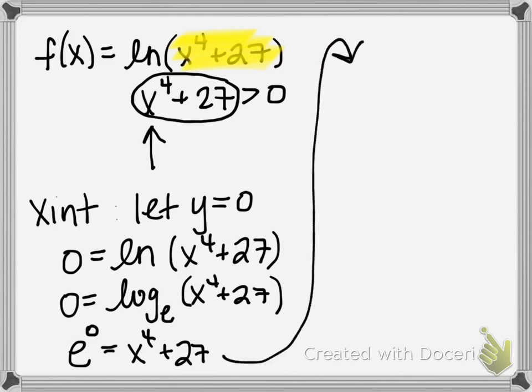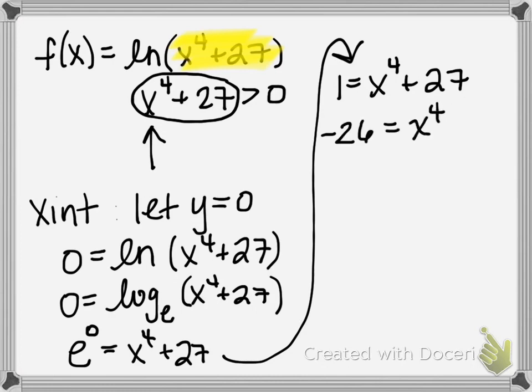Coming over here, e to the 0 power is 1. So we'll solve this equation. 1 equals x to the fourth plus 27. Subtracting 27 from both sides, we're going to be left with negative 26 equals x to the fourth.